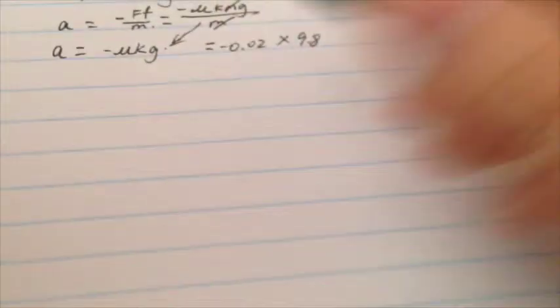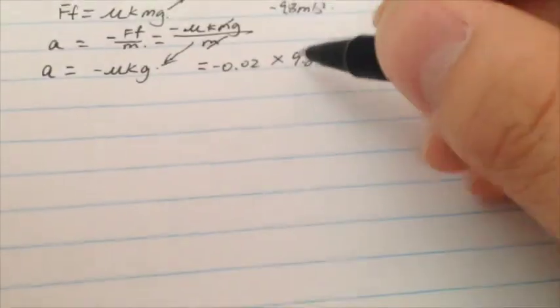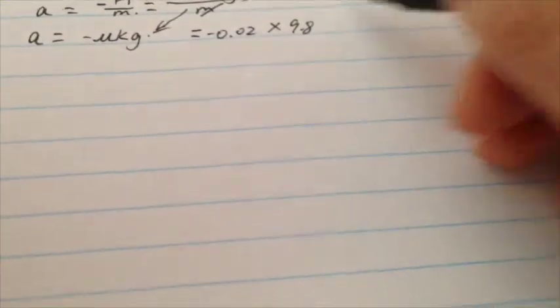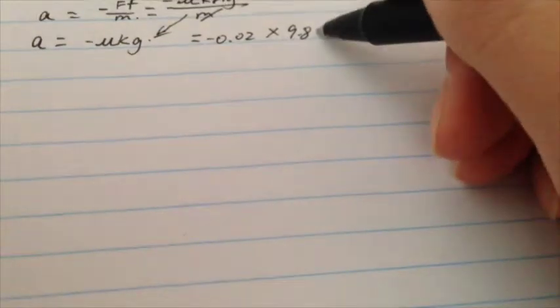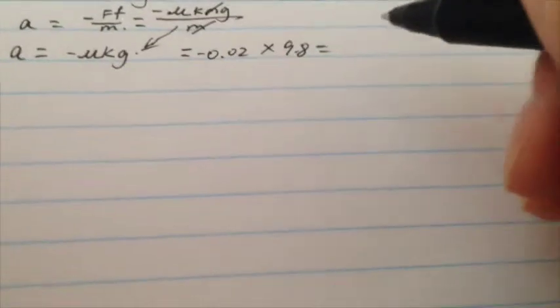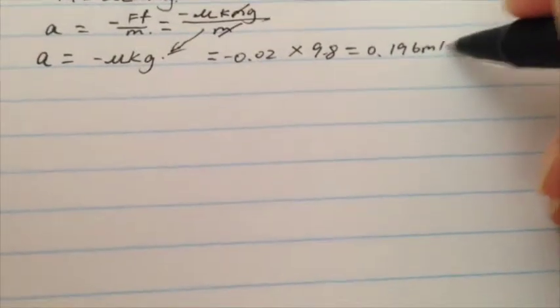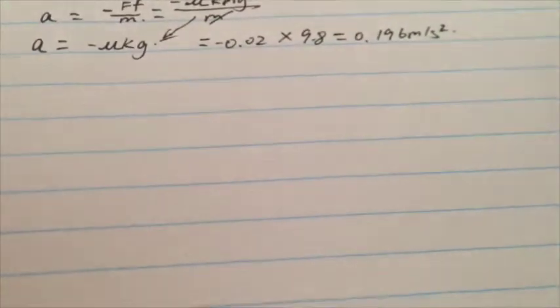Because we already have a negative, we do not need to include another negative here, or else the sign would be wrong. And what we get is 0.196 meters per second squared.